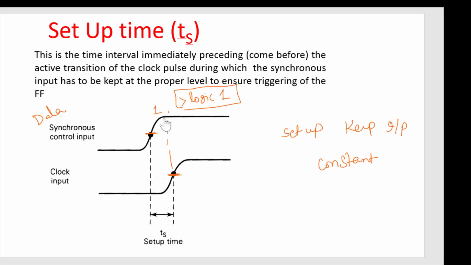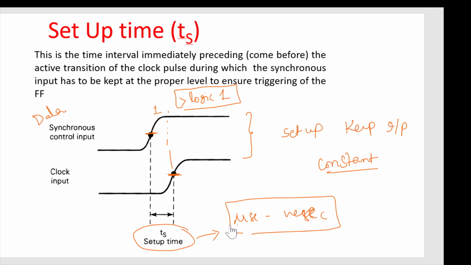Suppose during this period if the input changes, or if input is not maintained at a proper logic level, your circuit will not respond reliably. So you must keep your input constant during the setup time. Usually this setup time will be of the order of few microseconds to nanoseconds. During this period your input should not change. If you look at here, this is at logic 1.